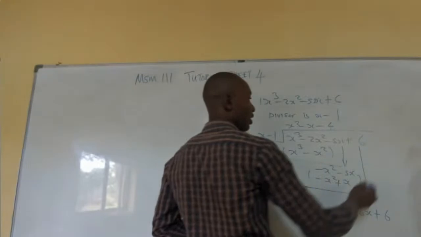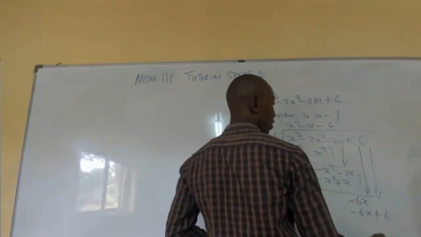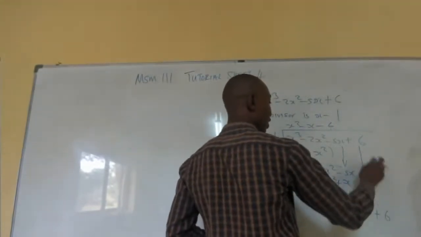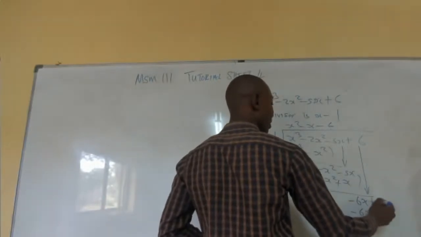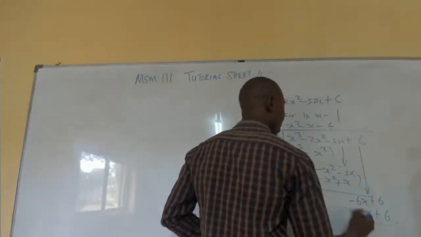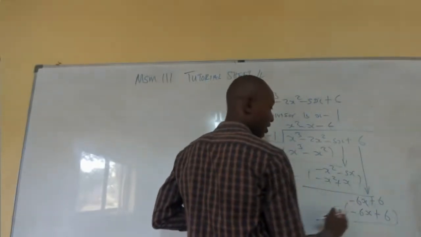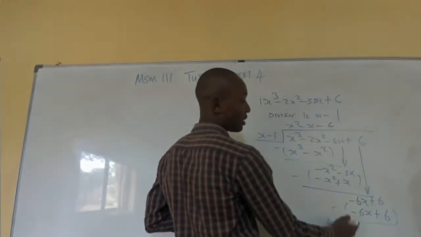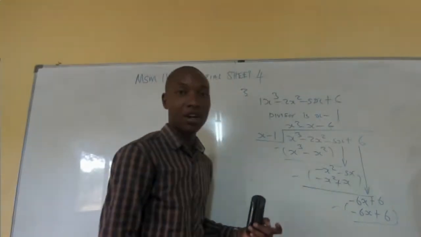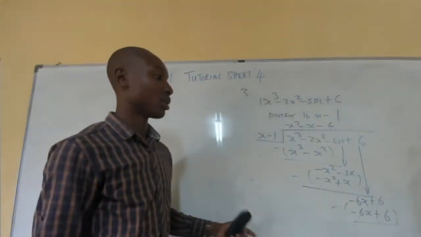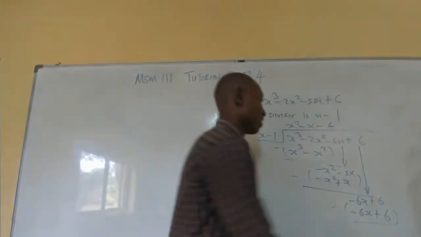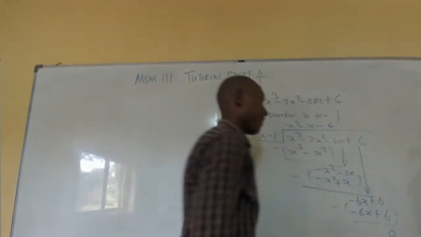As I said, there's loneliness in the house, so we have plus 6 there. Again, I'm going to subtract, so you end up having negative 6x minus, which is positive, so these are opposite signs but the same variables, it becomes a 0. 6 minus 6 is 0.